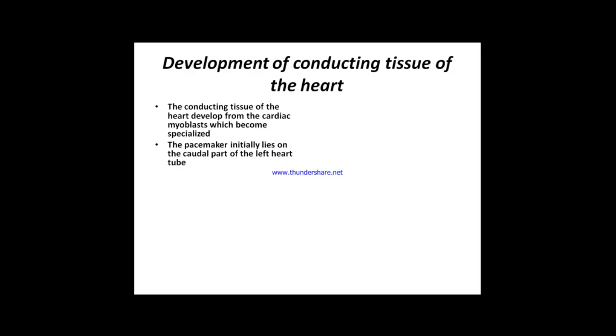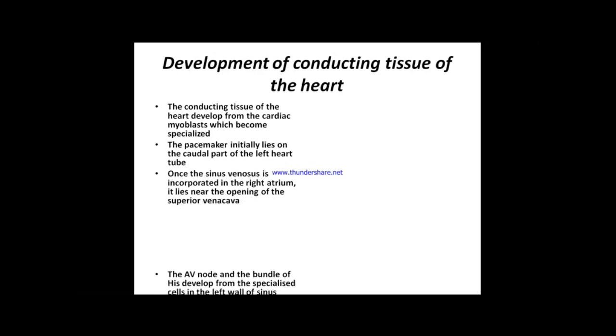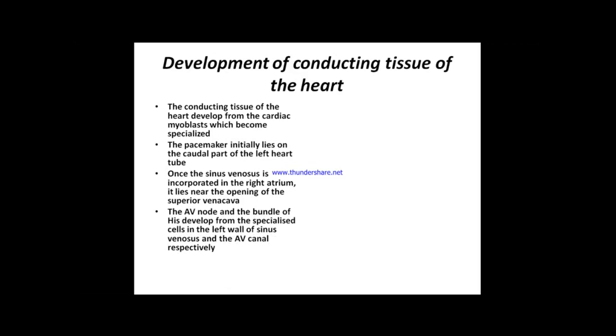On its left wall, we have the initial pacemaker situated, which later on forms the SA node. Once the sinus venosus is incorporated in the right atrium, it lies near the opening of the superior vena cava. The AV node and the bundle of His develop from the specialized cells in the left wall of the sinus venosus and the AV canals respectively.